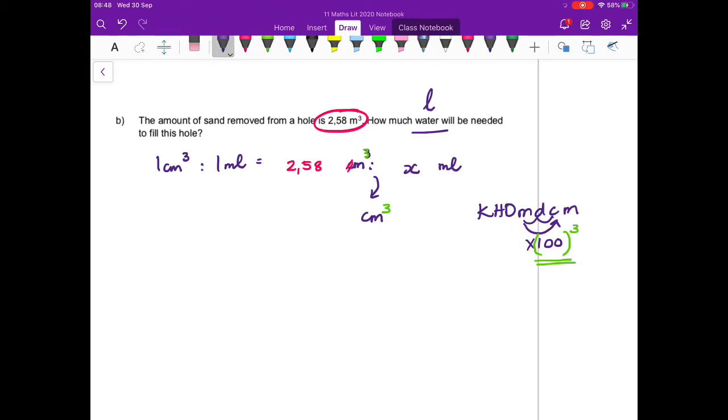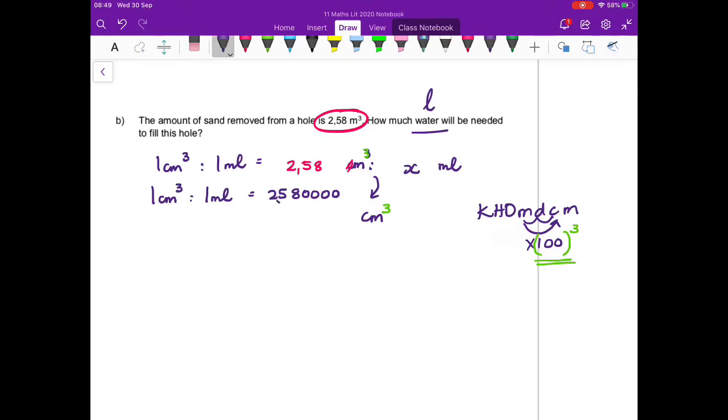So let's go and do the conversion. 1 centimeter cubed to 1 milliliter equals, if I put that into my calculator, I'm going to get 25, 8, and 4 zeros. 1, 2, 3, 4.